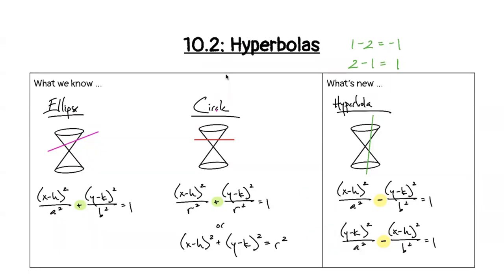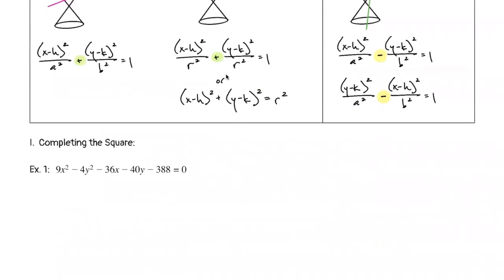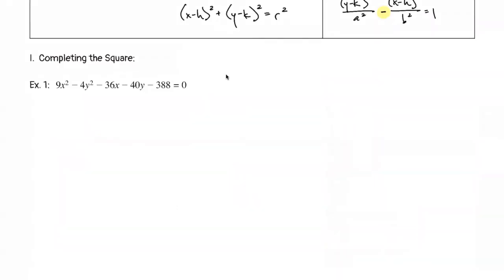All right, so before we hop into a list of all things equations, let's go ahead and re-warm up our brains with this idea of completing the square. All right, and we're gonna do something very similar to what we did on Wednesday of last week, where we're gonna start by grouping the terms in their like terms.